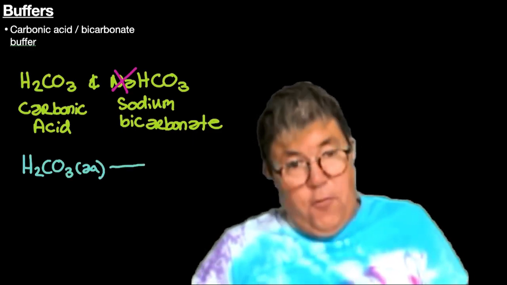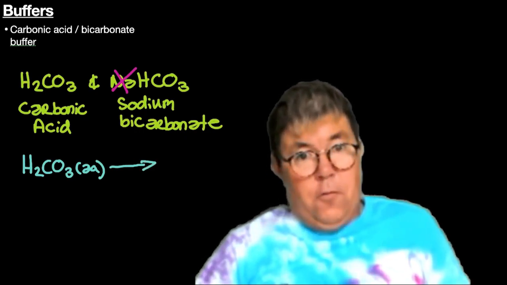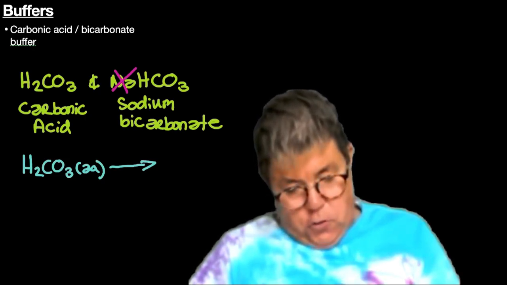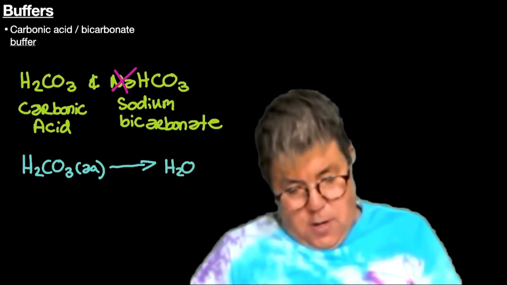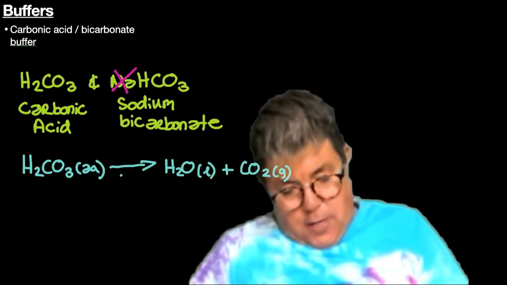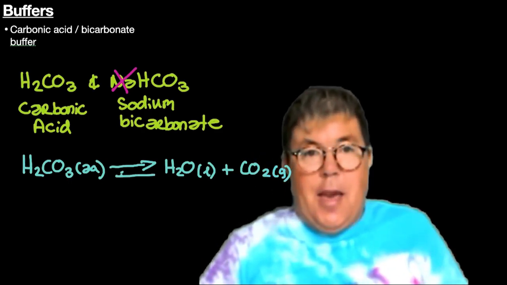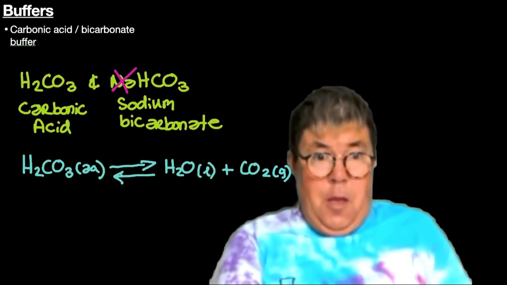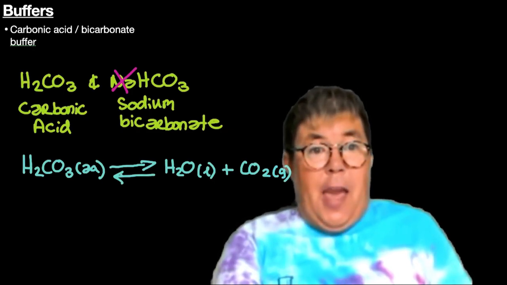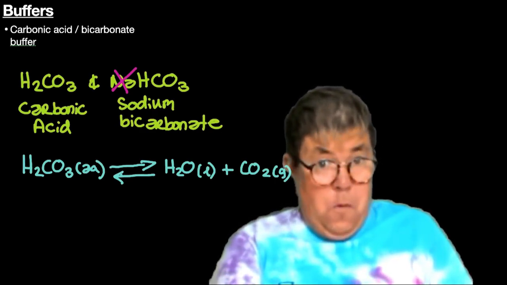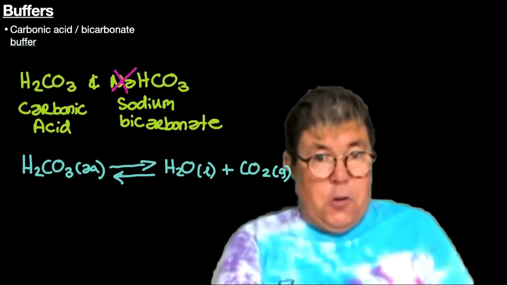And if it comes out of solution, we will have H2O liquid plus CO2, which is a gas. And I will draw a double arrow because we have this equilibrium here. CO2 is a gas produced when we exhale during respiration.